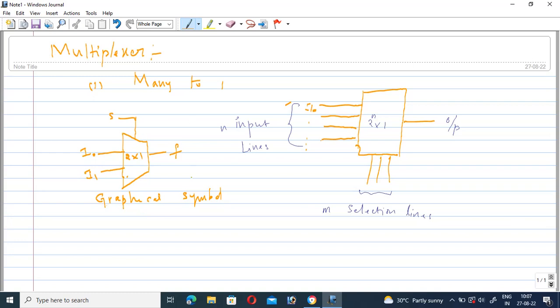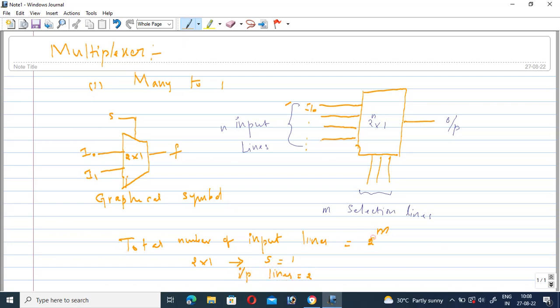Generally, the criterion is that the total number of input lines is equal to 2 power m, because we are taking m as the number of selection lines. For a 2 by 1 mux, the selection line S is equal to 1, and input lines is equal to 2.